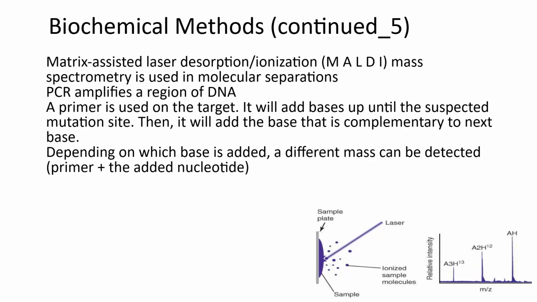And because this is very sensitive, each different nucleotide that is added is going to be detected. So if an A is added, then it's going to pick it up as a particular signal, and that is going to be different than if a G were to be added.